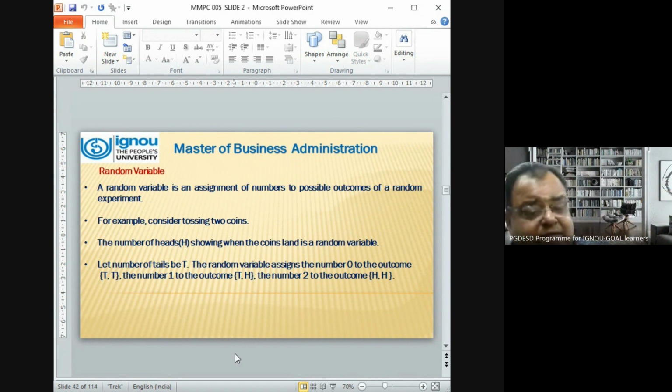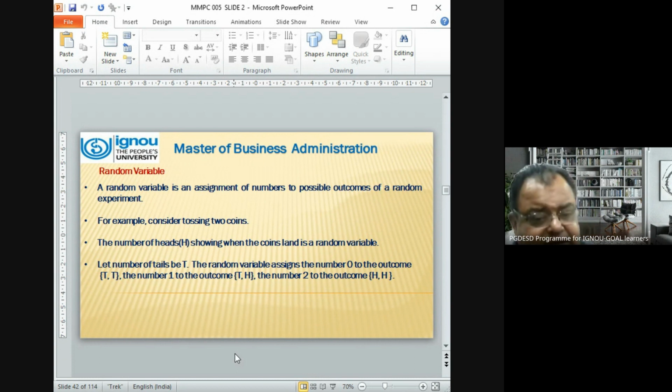So how many total possible outcomes will there be? There is a mathematical rule. You are tossing 2 coins simultaneously, that is 2 raised to the power 2. That means the total number of outcomes will be 4.